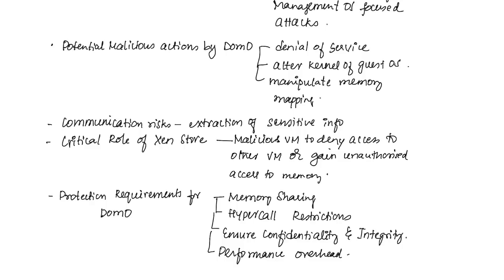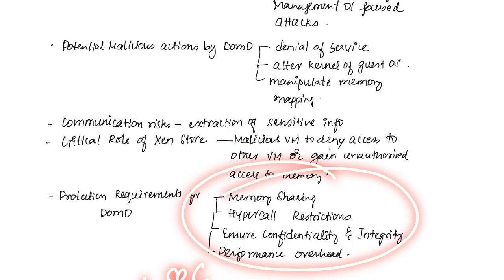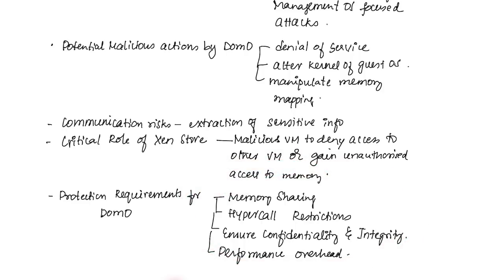Suppose restoring or saving a particular application takes 1 second, and if the security is increased to a great extent, then it might take 2.5 times the actual time required for the same operation. So performance overhead is also a protection requirement, yet it is a concern too.